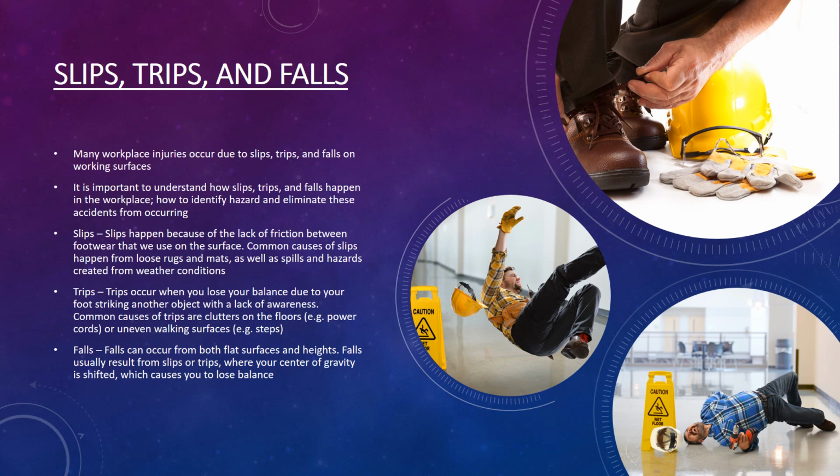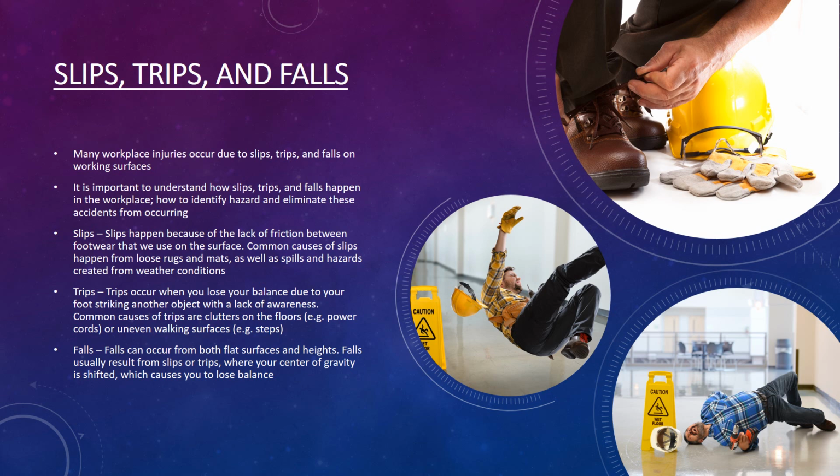Slips, trips, and falls. Many workplace injuries occur due to slips, trips, and falls on working surfaces. It is important to understand how slips, trips, and falls happen in the workplace, how to identify hazards and eliminate these accidents from occurring.